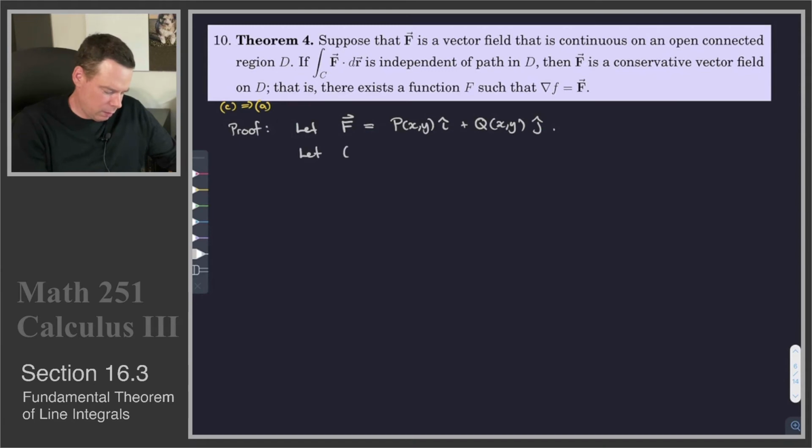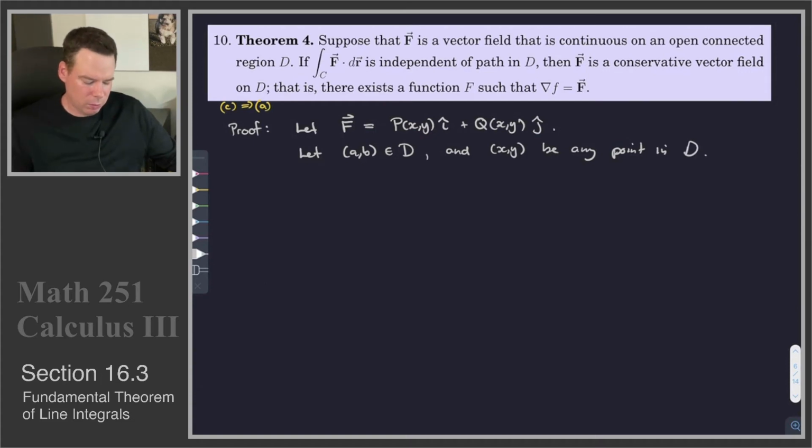And we will let (a,b) be some point in our domain D, and (x,y) be any point in D. So the idea is we fixed a point (a,b), and then we've let (x,y) represent any other point in D. And we're going to now define a function little f, which we're going to claim to be the potential function for our vector field.